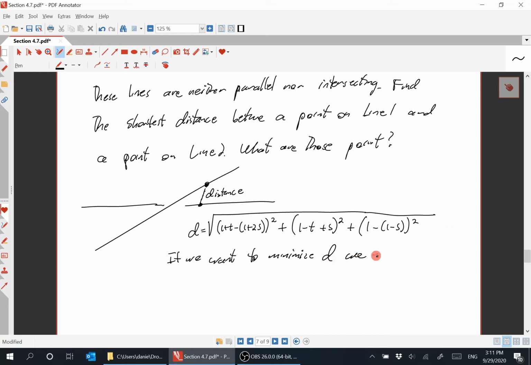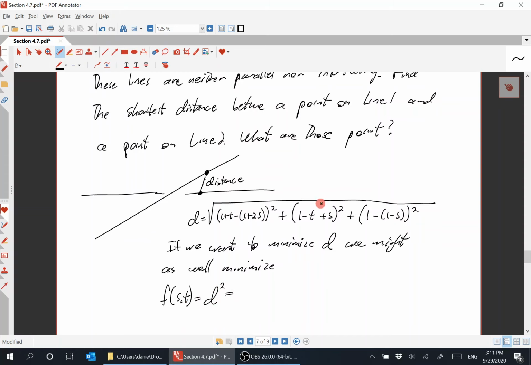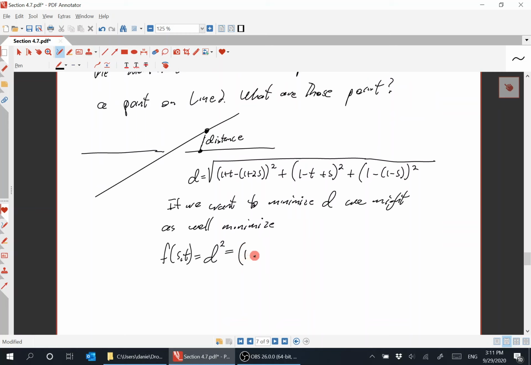we might as well minimize f(s,t), so here we have a two-variable function equal to the distance squared. And that is 1 plus t minus 1 minus 2s, so that's t minus 2s squared.